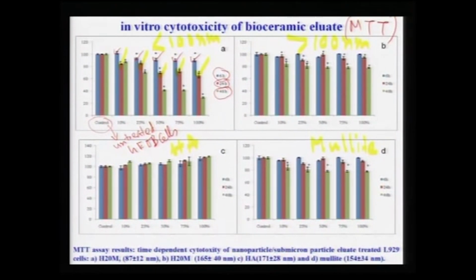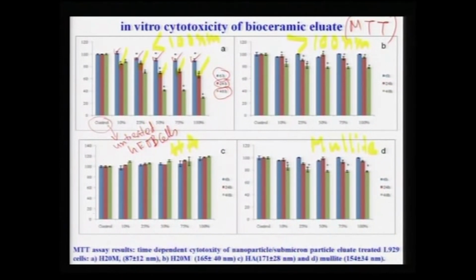So, you do notice that depending on the treatment time, 6 hours or 24 hours, there is a general tendency of decreasing MTT values with increasing time duration. If you look at the 48 hour values, the green one, in all cases the MTT values are less than in the 24 hour case.